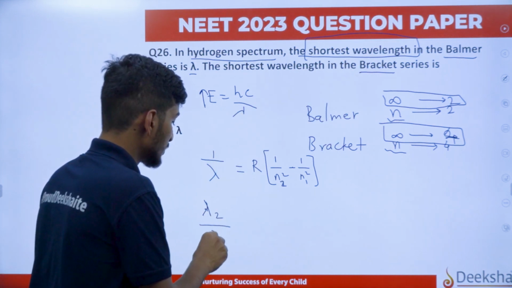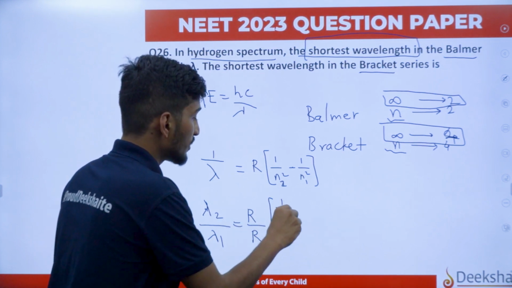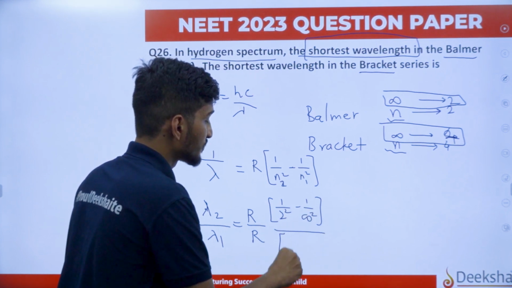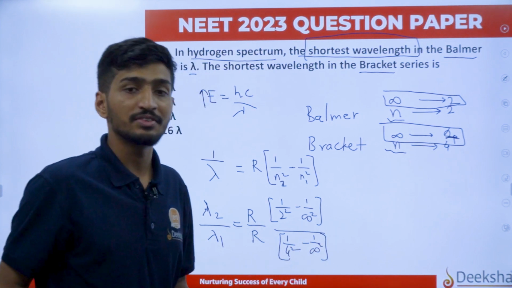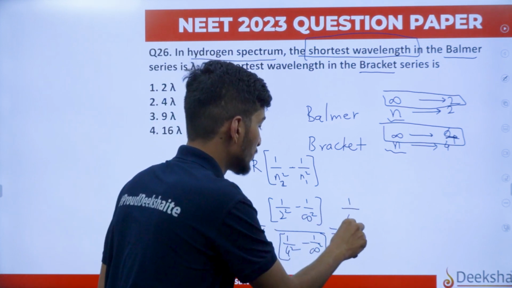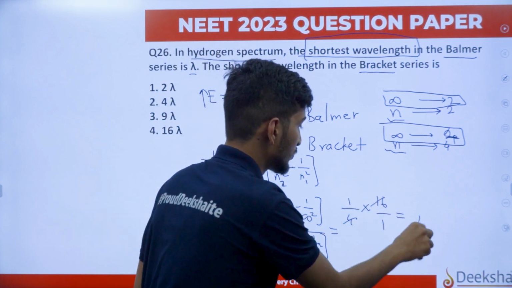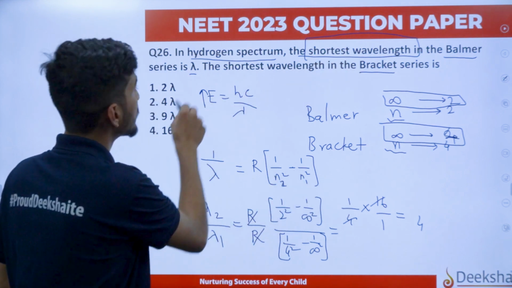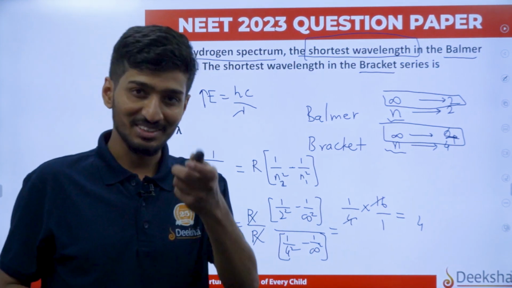Lambda 2 by lambda 1 will be R times (1 by 2 square minus 1 by infinity square) divided by R times (1 by 4 square minus 1 by infinity square). 1 by infinity square is 0, and this R cancels out, so this is 1 by 4 into 16 by 1. In other words, 4. So lambda 2 by lambda 1 is 4. So lambda 2 is 4 lambda. And that's your answer. Okay, let's move on.